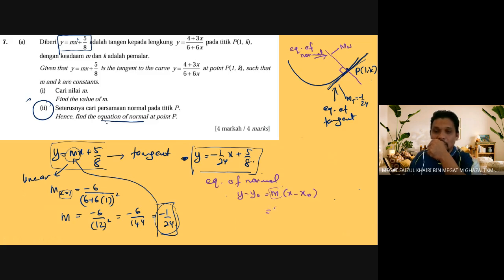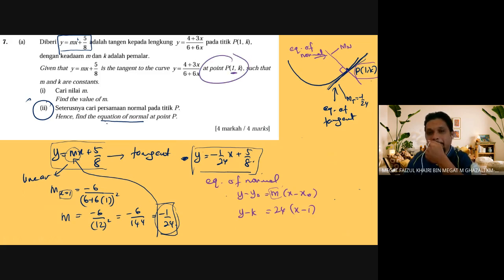Gradient of normal is 24. Y minus, okay, what is the coordinate of P just now? It is 1 and k. So what is the value of y? We have no idea, right? y is k here, and then x minus 1.